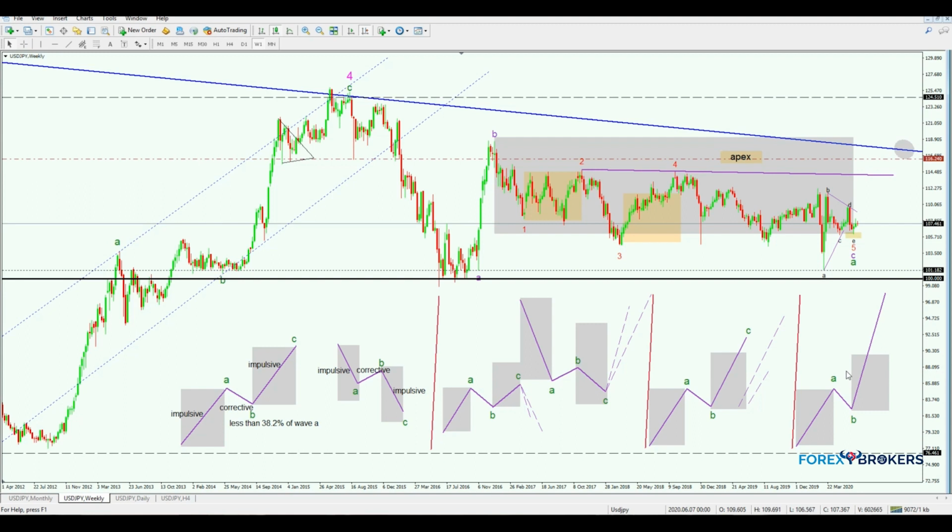Also, we should measure 161.8 of wave A, calculate this 161.8 and project it from the end of the B wave.